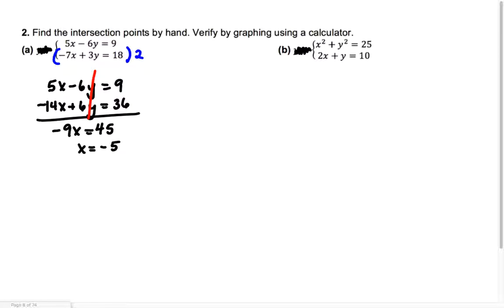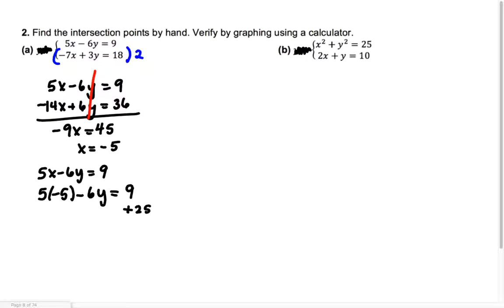So x equals negative 5. And then we go back into any equation, doesn't matter. So let's say I go to 5x minus 6y equals 9. So I have 5 times negative 5 minus 6y equals 9. So I have negative 25 that I'm going to add over. So I'm going to add 25 over.